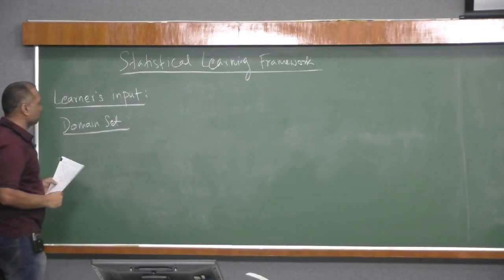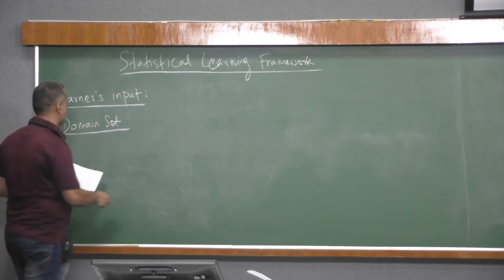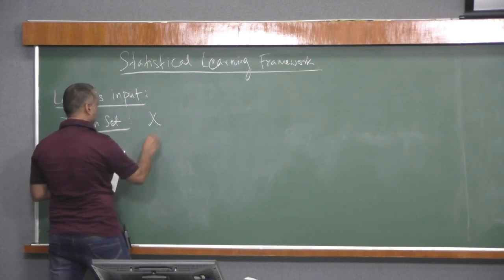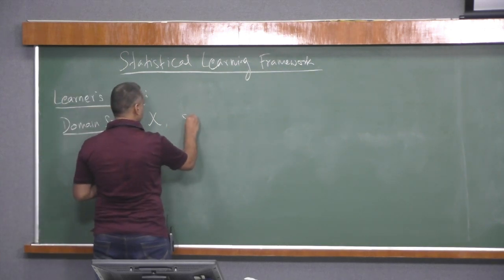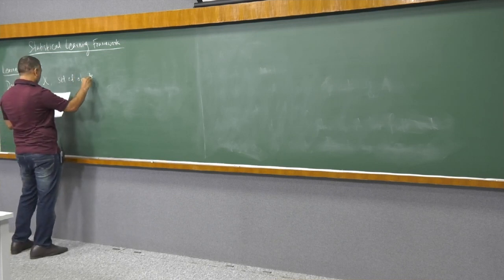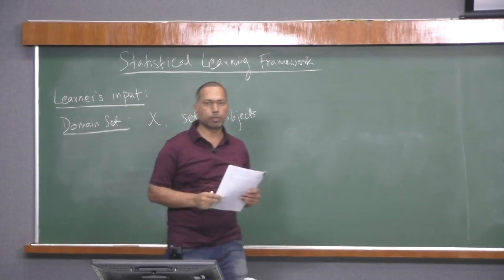What are the typical notations of a domain set? Let's say X. These are the set of objects we wish to label.